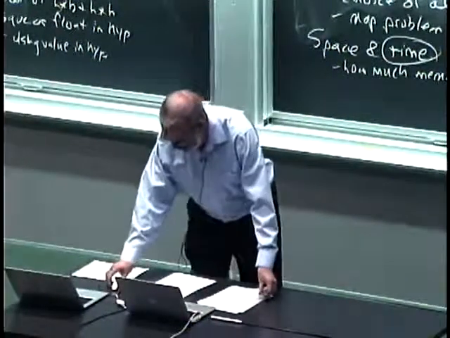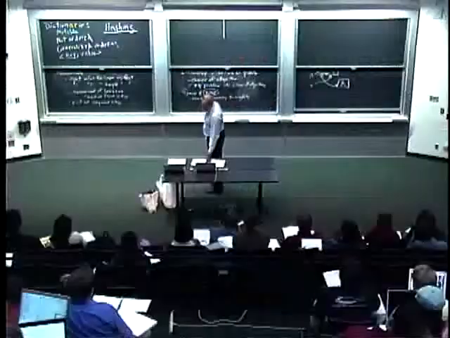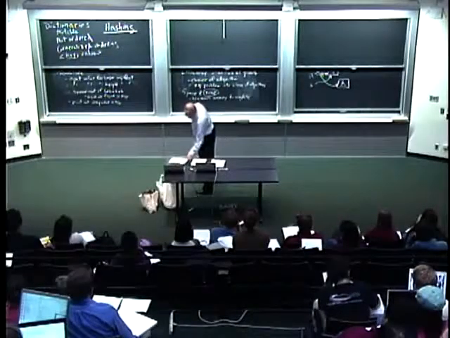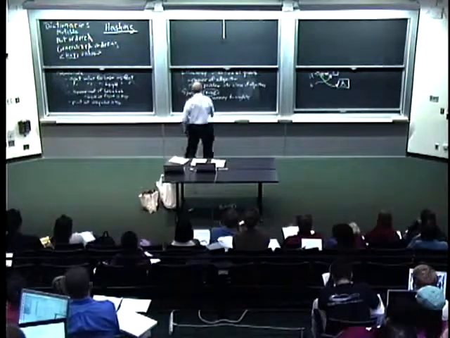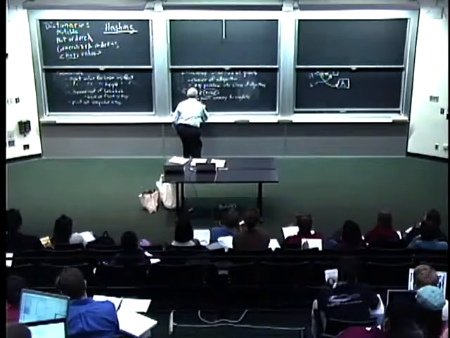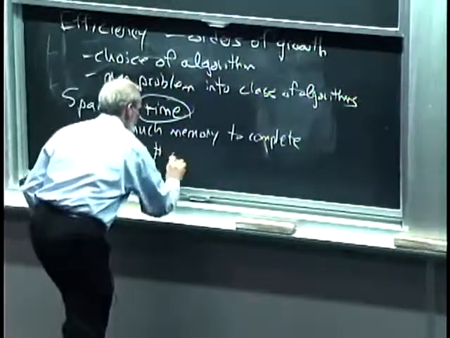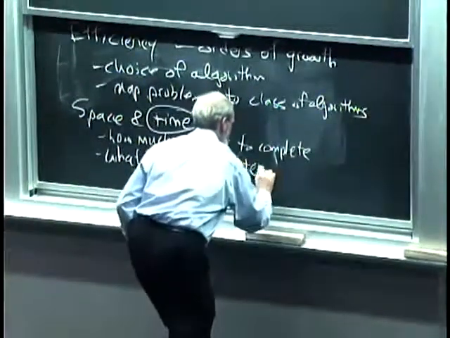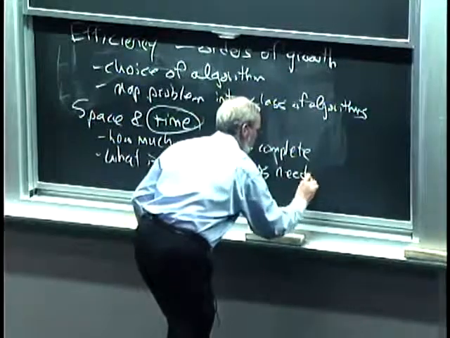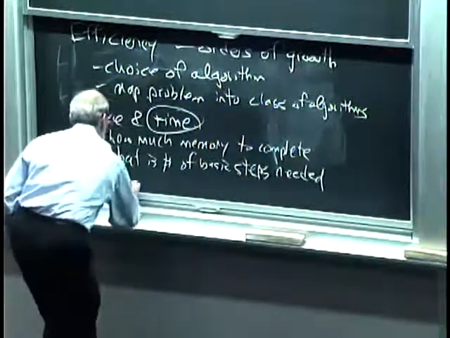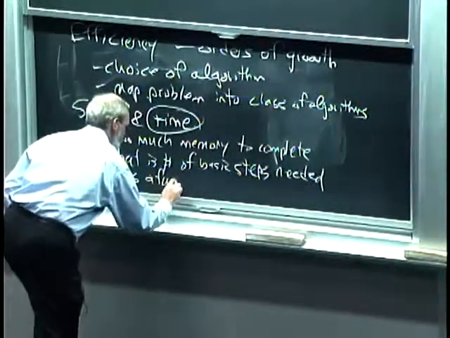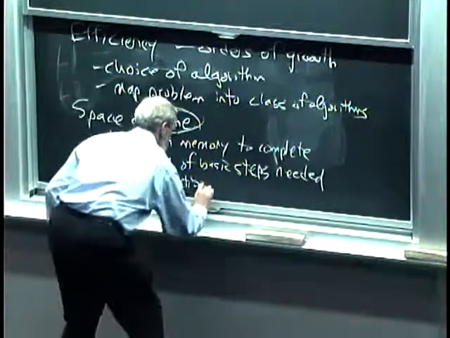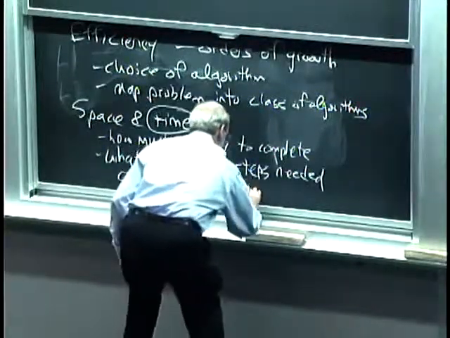And so, in fact, what we want is exactly what the young lady said. I'm going to ask the following question, which is, let me write it down. What is the number of basic steps needed as a function of the input size?